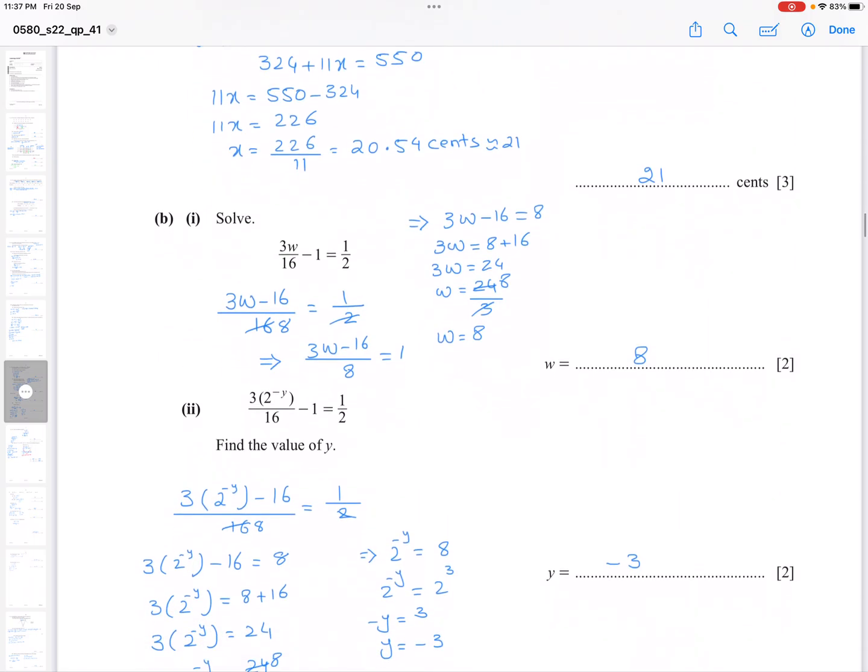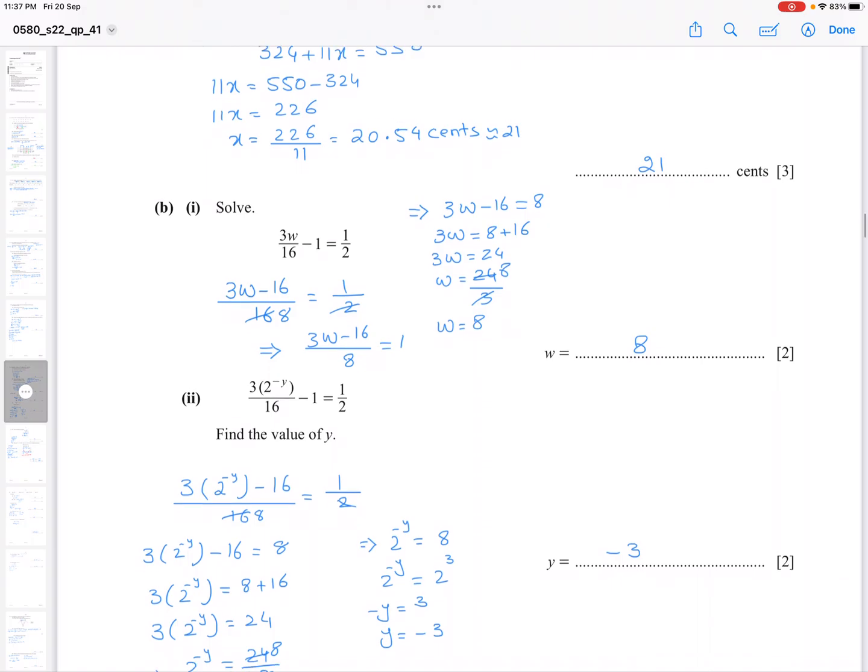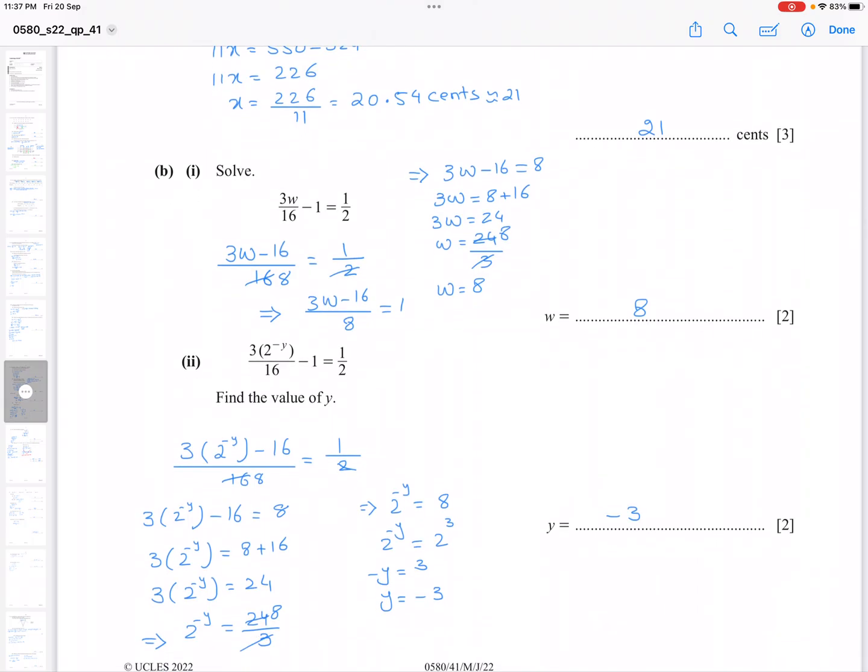Second part, 3 times 2 power negative y over 16 minus 1 is equal to 1 over 2. Find the value of y. So 3 times 2 power minus y, I took the LCM again as 16, minus 16, whole over 16 is equal to 1 over 2. Again 2 will simplify 16 as 8.